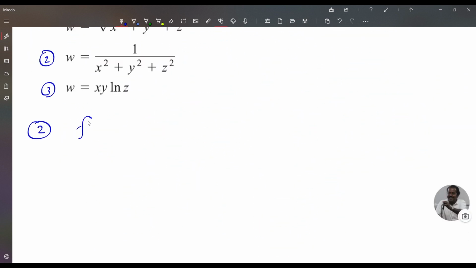We consider the second problem, problem number 2. Here f of x, y, z is 1 by x square plus y square plus z square. We know that f of x, y, z is defined for all x, y, z except 0, 0, 0.